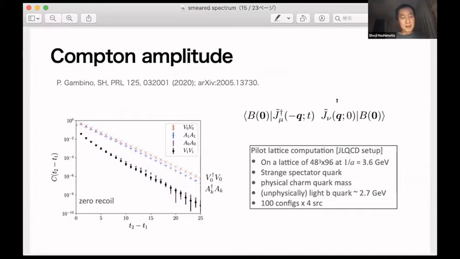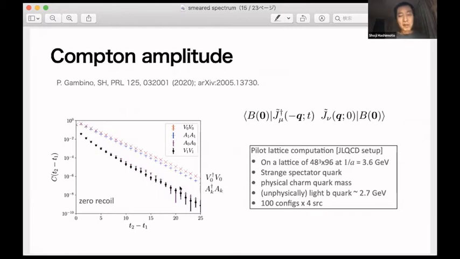And some of them are shown here, and the correlators with the barrier varying the time separations between the two currents are shown there. So that shows nice exponential fall off.